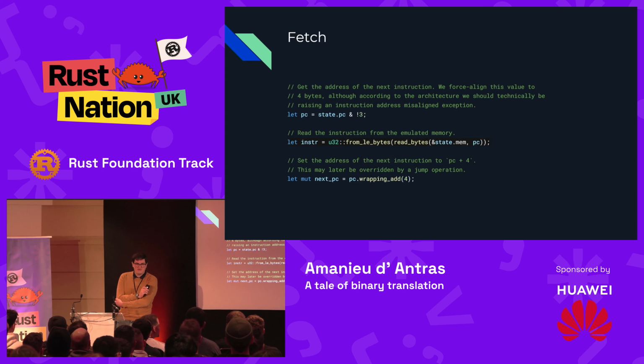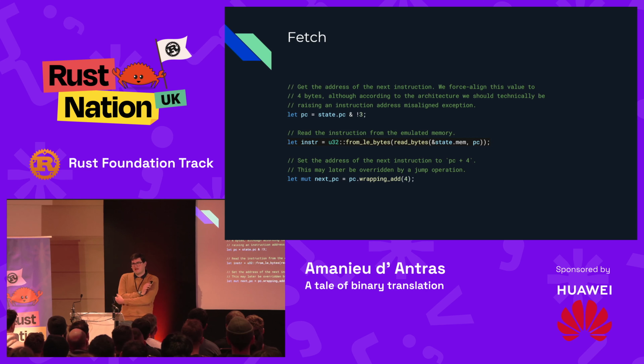So the actual emulator has 3 stages that are executed in a loop. First, we fetch an instruction. We just take the program counter, read 4 bytes from that address in the memory, and then build a U32 out of that.